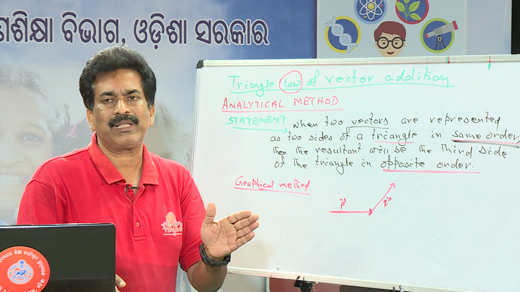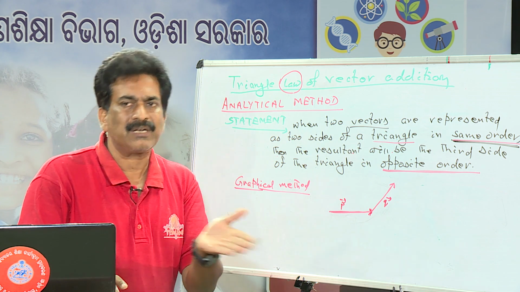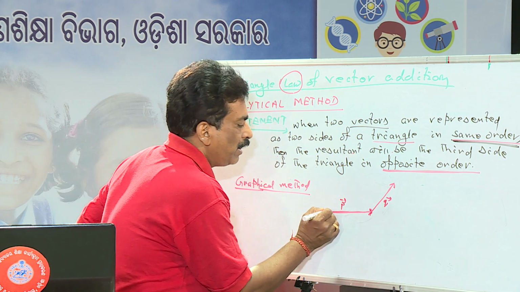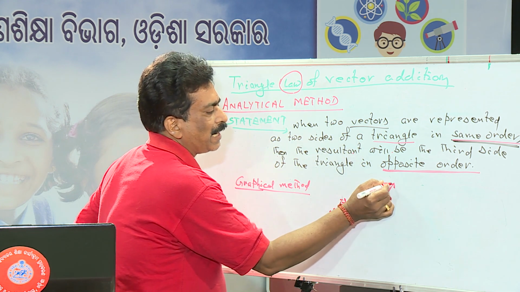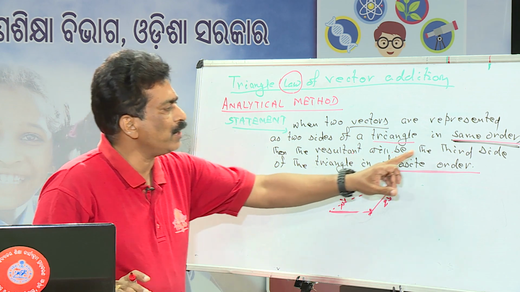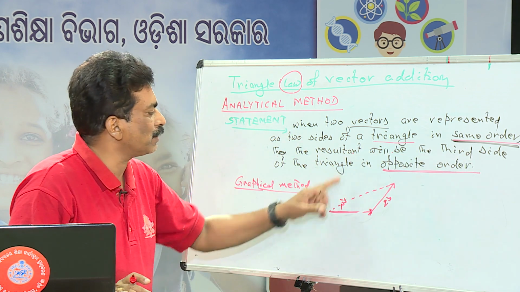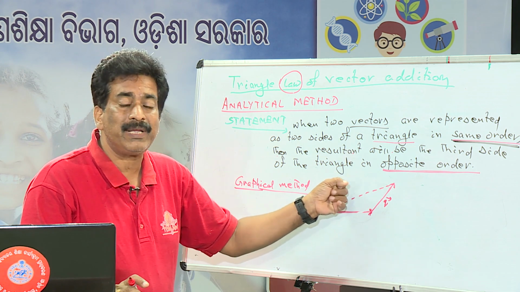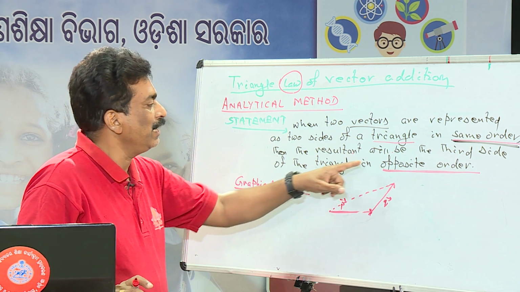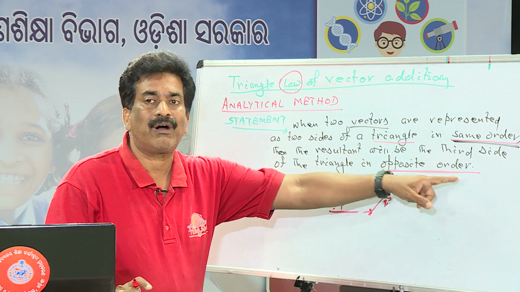If we join, this is the triangle. This will be the third side of the triangle, and this will be the resultant in opposite order.